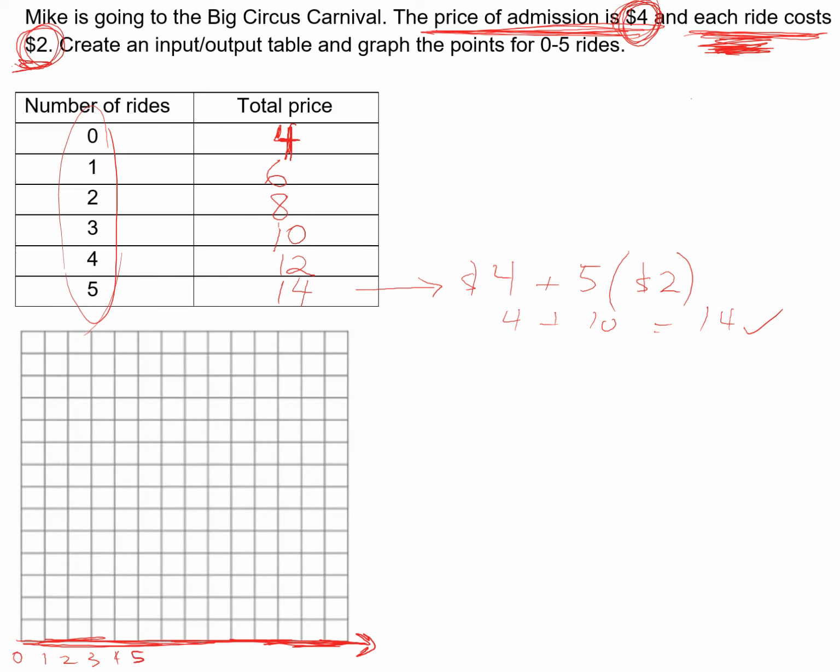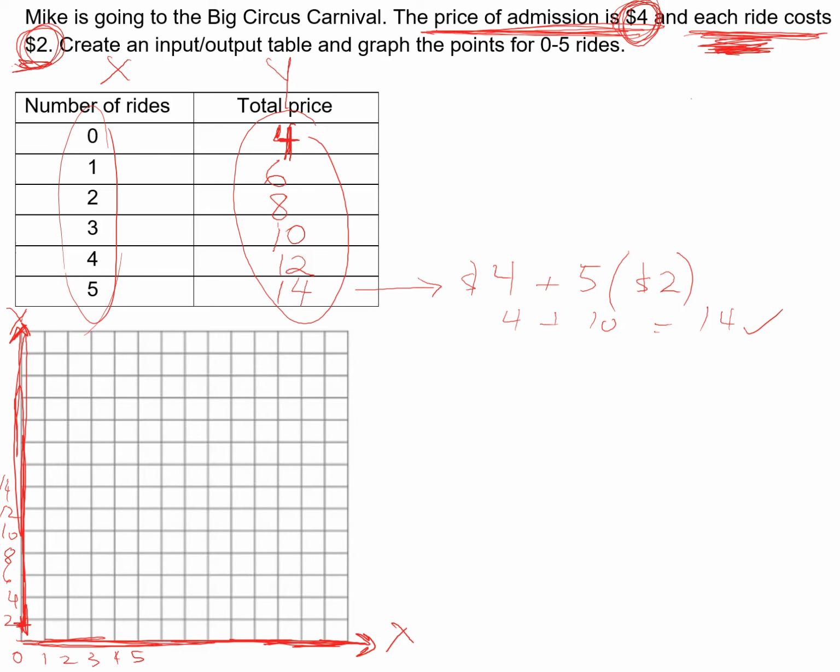And the y's, since they have to go up to 14, let's go by 2's. 2, 4, 6, 8, 10, 12, and 14 along the y-axis. Of course, x represents number of rides, and y represents total price.